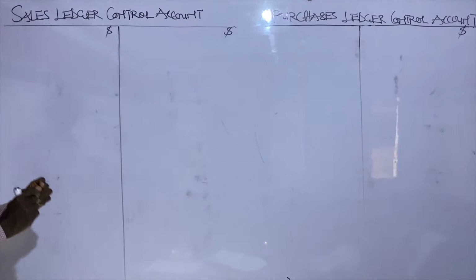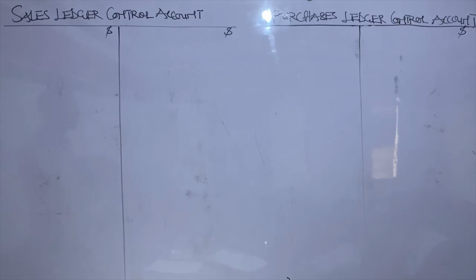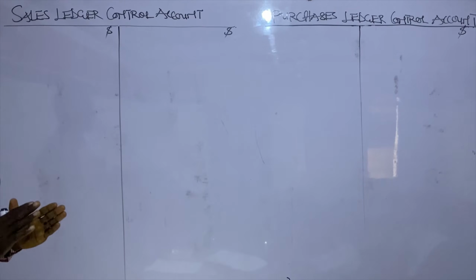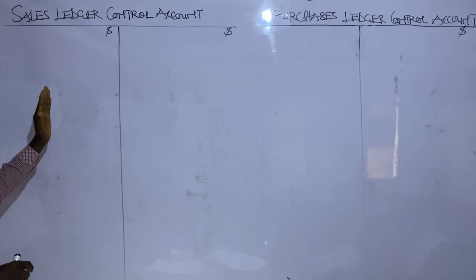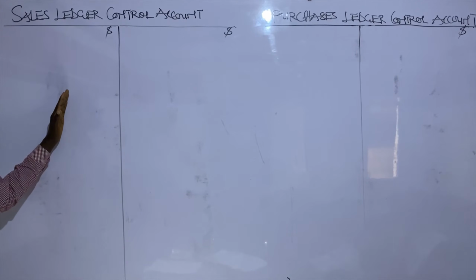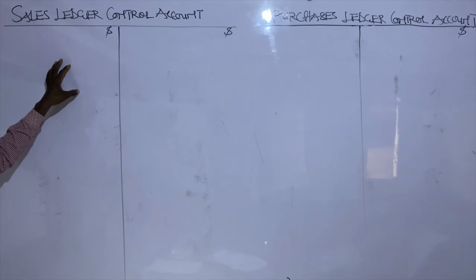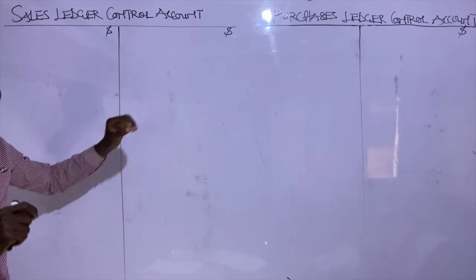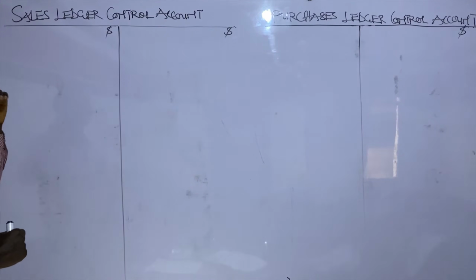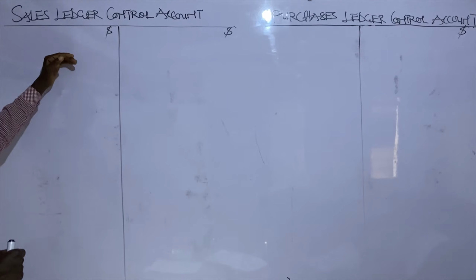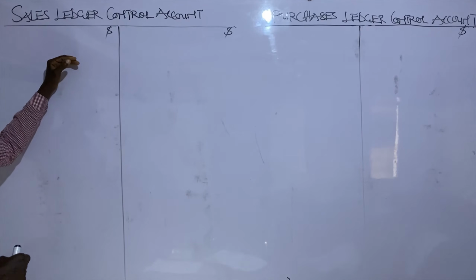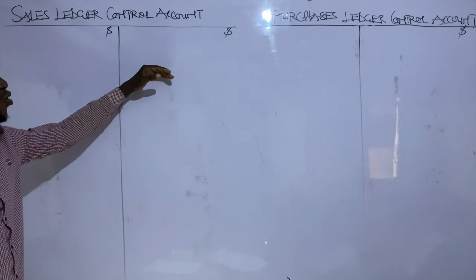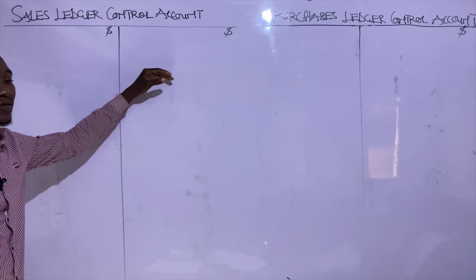Is that okay? One thing I want you to also understand is that because this is a total debtors account, it has a natural debit balance. So its balance increases at the debit side and reduces at the credit side. If that is the case, then any item that increases the debtors balance should be recorded at the debit side of this account. And any item that reduces the debtors balance should be recorded at the credit side of this account.